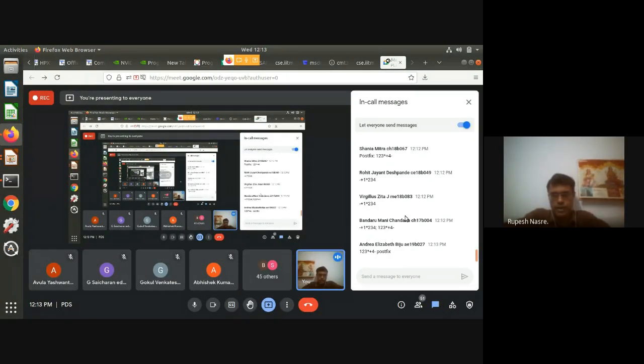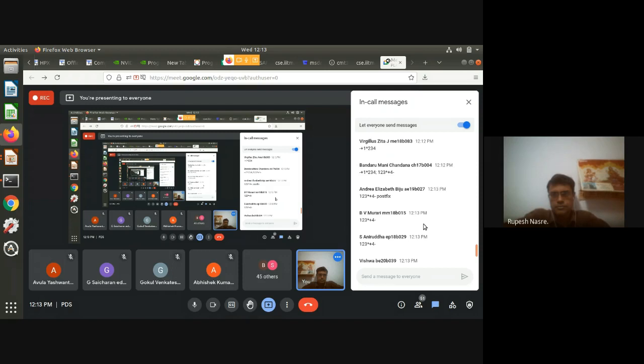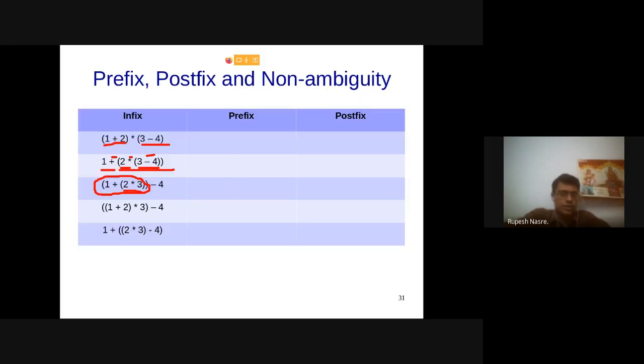Okay, great. And then there are postfix forms also specified, 1 2 3 star plus 4 minus. Okay, so let's see that. So again in this case 1 is not going to be added to 2 directly. We need to do 2 3 star first.